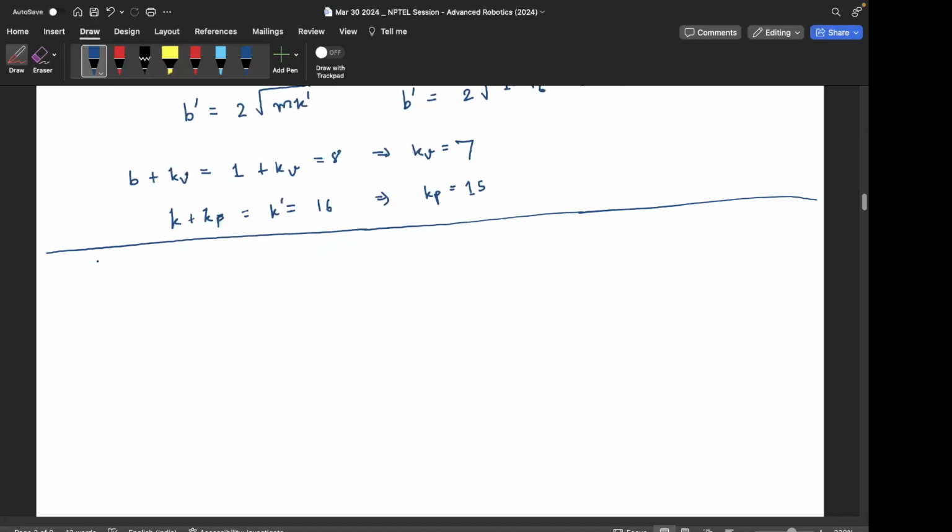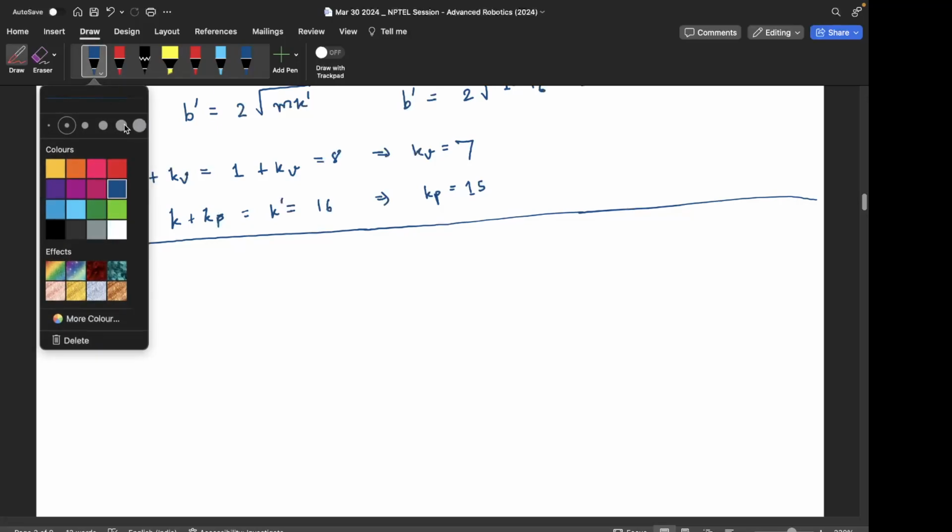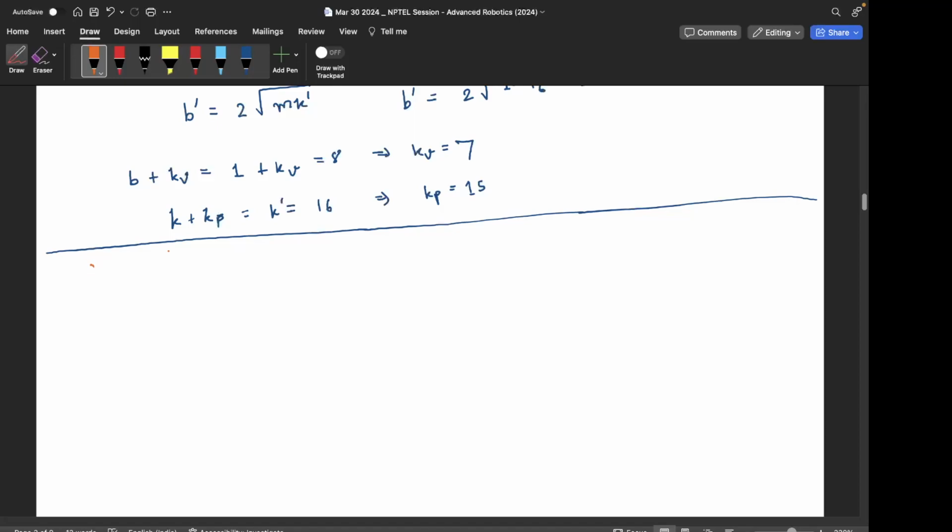Now the next technique that we will see is called control law partitioning. So in control law partitioning, we separate the control law into two parts. First is the model based part and the second is the servo part.